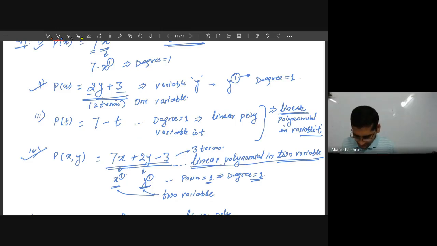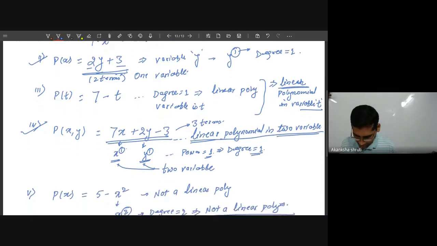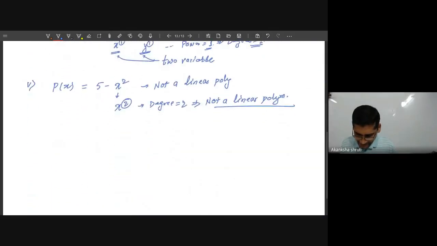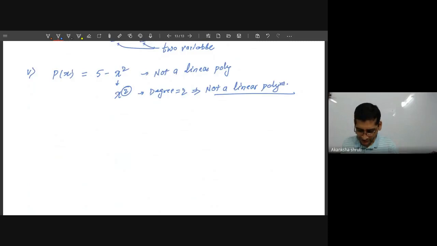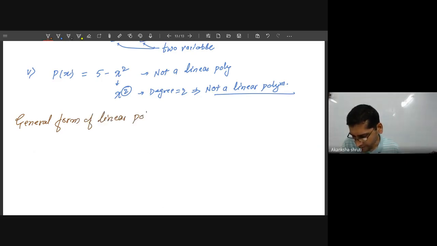So students, the next one is the quadratic polynomial. But before that, whatever we have learned, a linear polynomial has x only. So the general form of the linear polynomial can be defined.